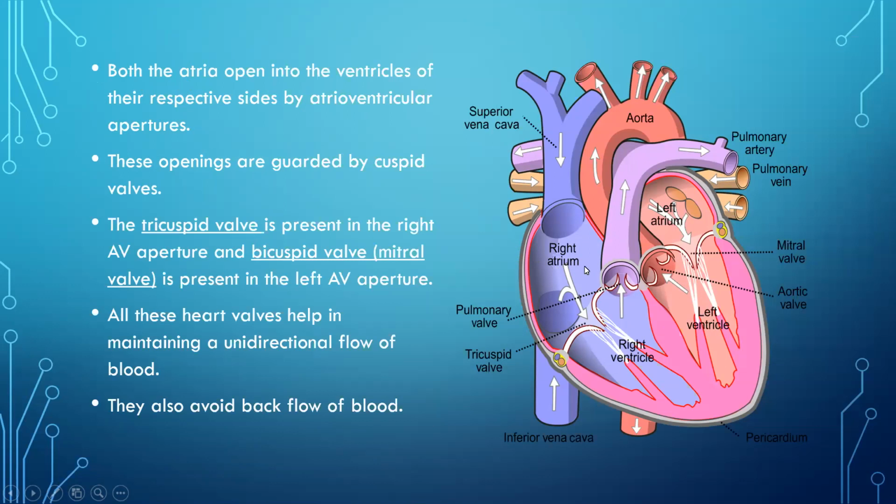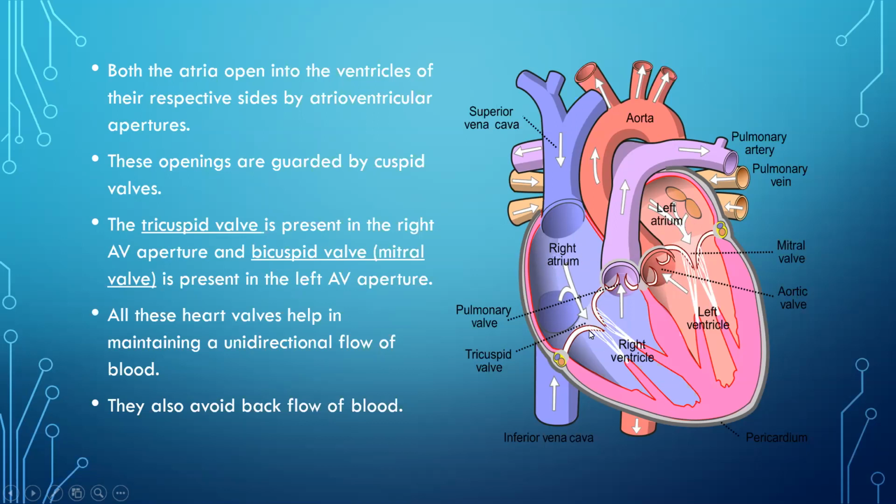These are the two ventricles: the right ventricle on the right side, the left ventricle on the left side. The left atrium opens into the left ventricle, whereas the right atrium opens into the right ventricle. So both the atria open into the ventricles by their respective atrioventricular aperture.